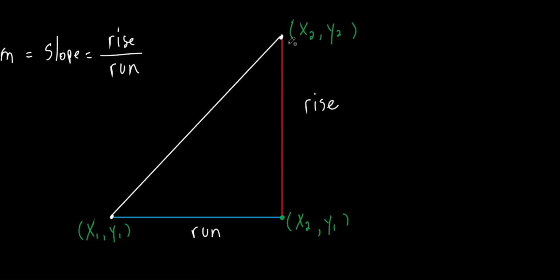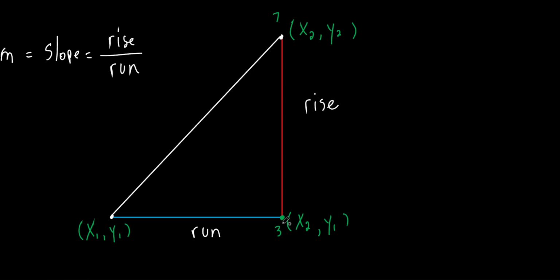I want to find the distance of that red line right there, just the straight up and down. How far is it from here to here? Well, this point is Y2, this point is Y1. I did this in the other class, I'm going to do it for you guys. What if this point was, I don't know, 7? You went up 7 to get to here, and you went up, I don't know, 3 to get to here. What is the distance between 7 and 3?